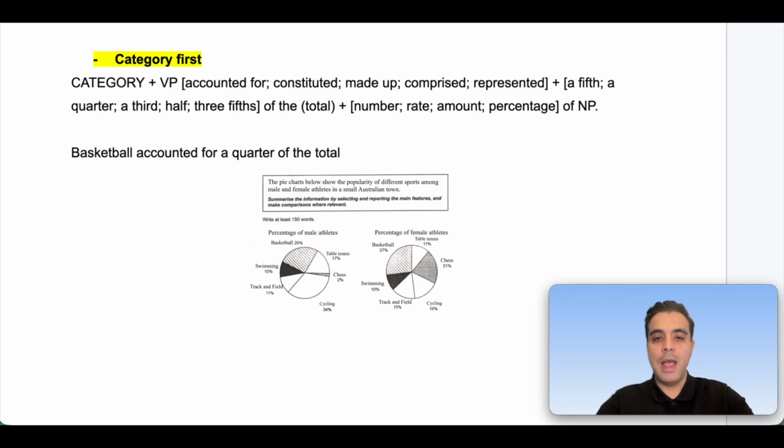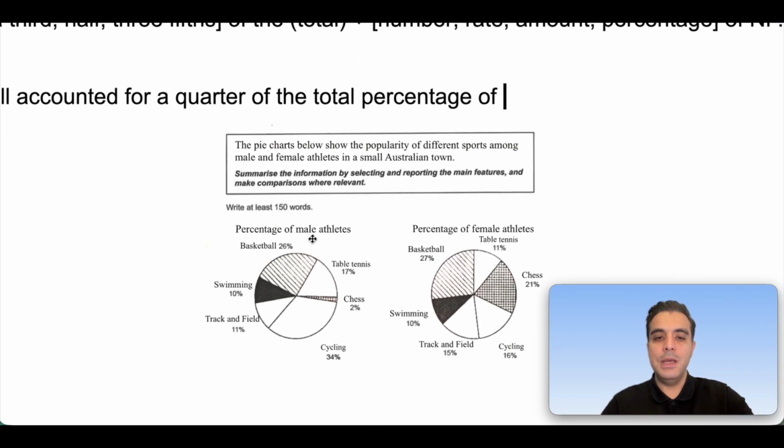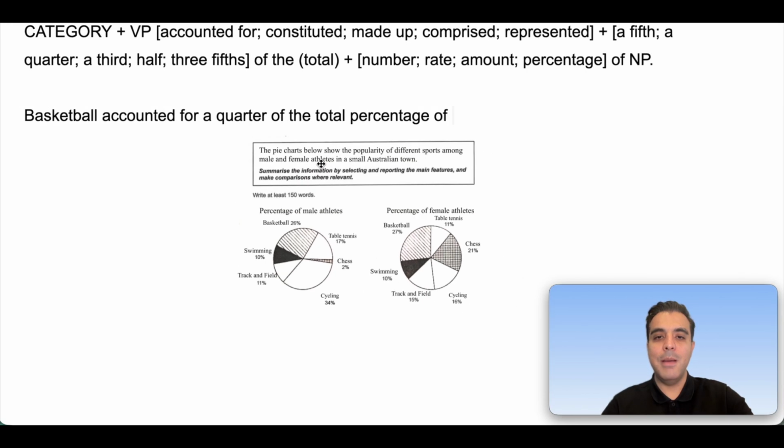Now, I can add number, but to play it safe, I'm going to go with percentage, right? So a quarter of the total percentage of, now, what is the MP? The MP is male athletes. Remember, different sports among male and female athletes. That's the MP.